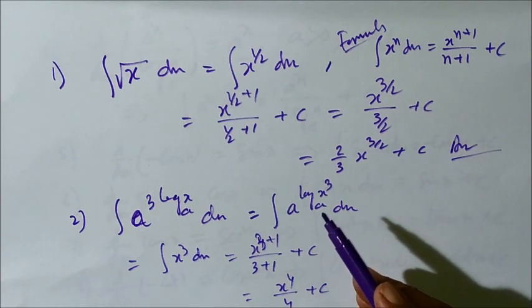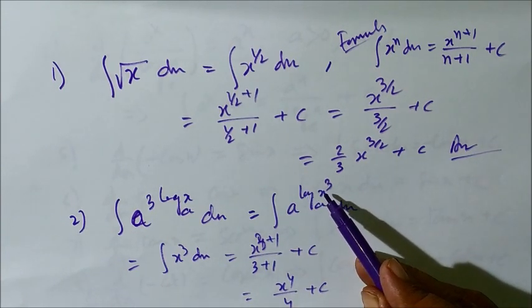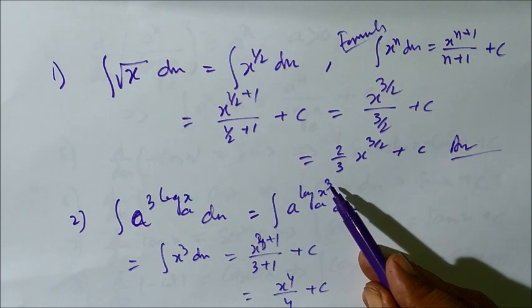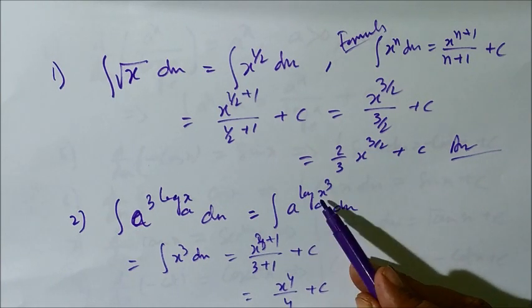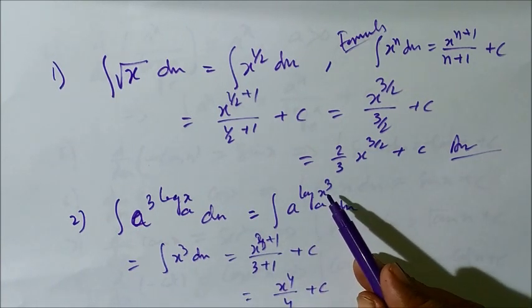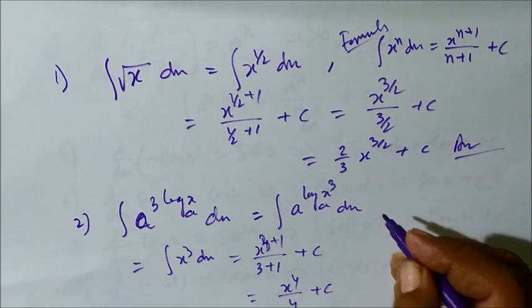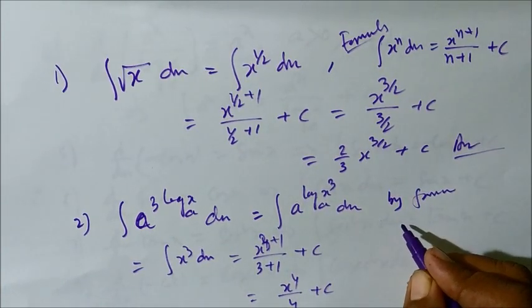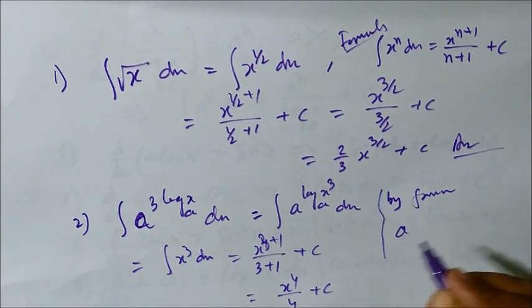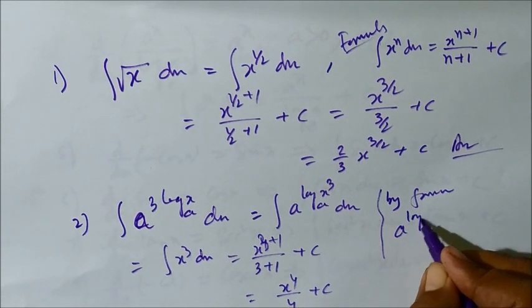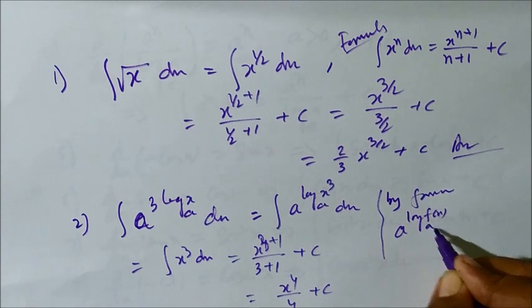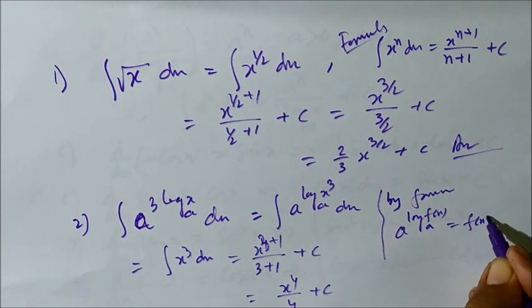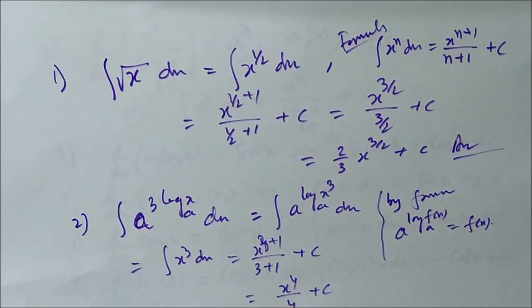Here we used that a to the power log of any function of x base a equals that function of x, by the formula a to the power log f(x) base a equals f(x). So this is the answer.